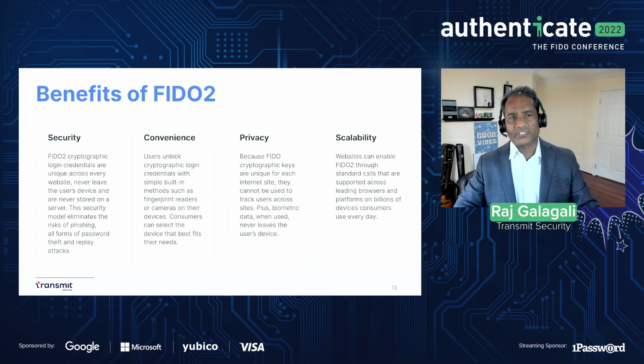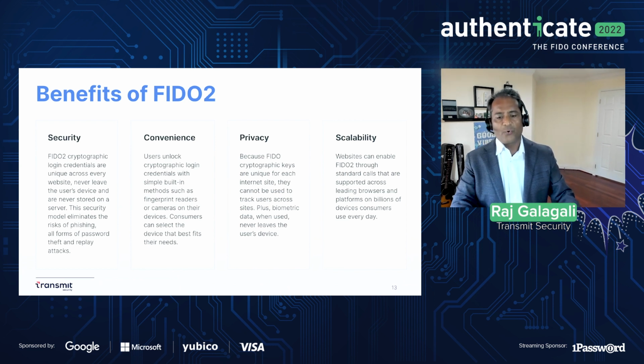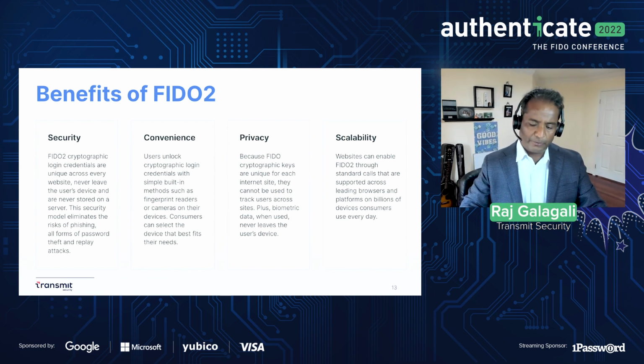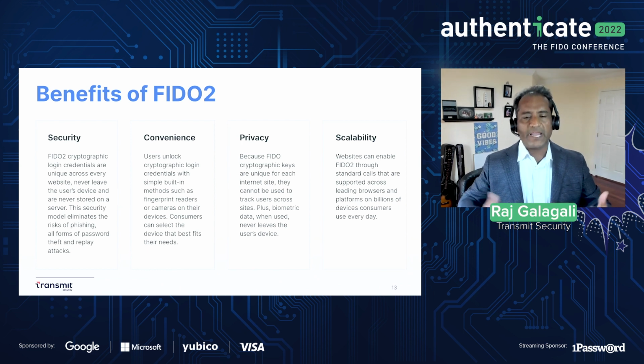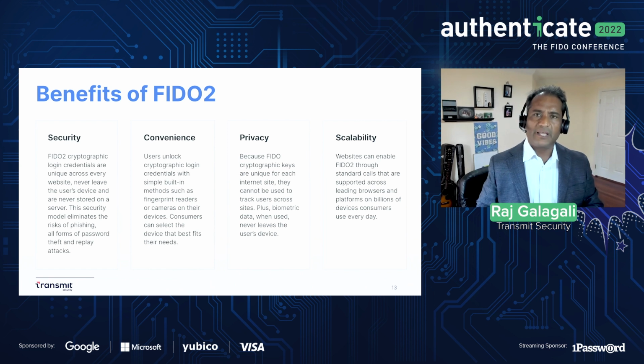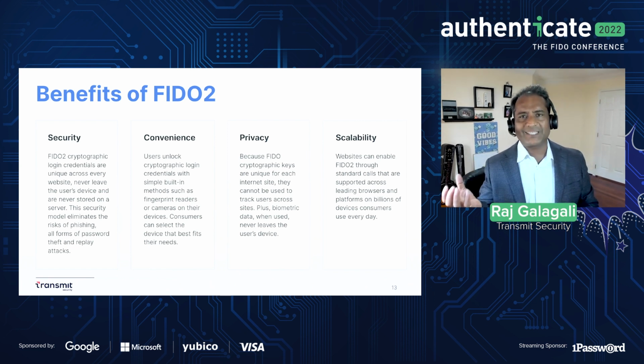So when it comes to security, which is one of the key pillars of FIDO2, it all hinges on the concept of cryptographic keys. Many of you are very familiar with the PKI architecture, or just think about it as a lock and a key, where you have a private key and a public one.